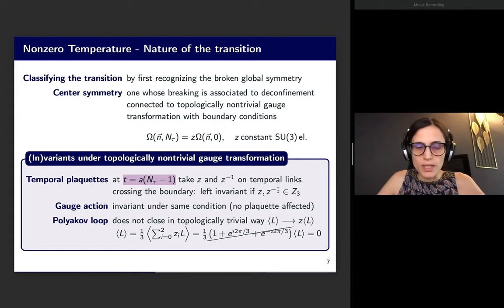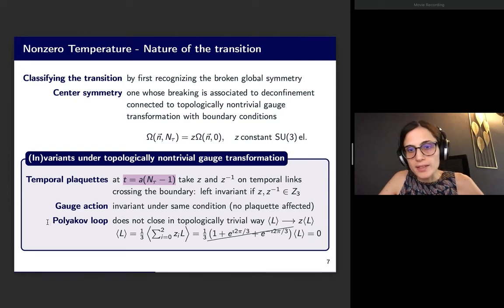So this is one observation, and the next is that these are the only plaquettes that are going to be affected by the non-triviality, the topological non-triviality of this gauge transformation that we are doing, and then the gauge action would be invariant under the same circumstance, that z and z^-1 belong to the center of the group, because no plaquette would be affected by this transformation.